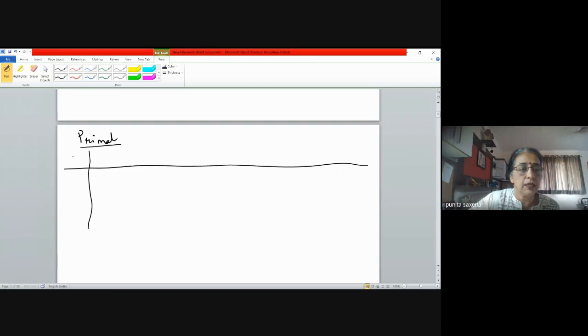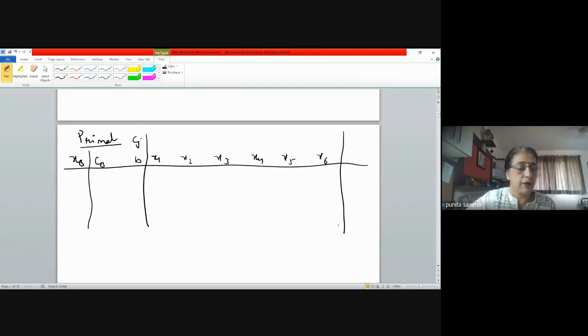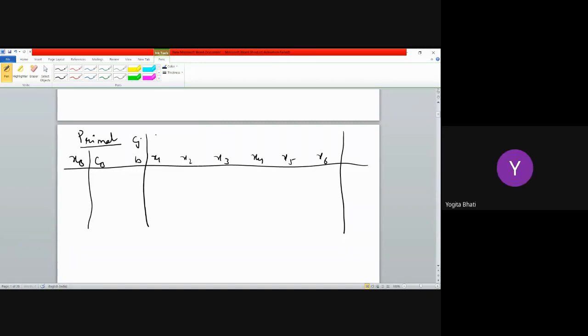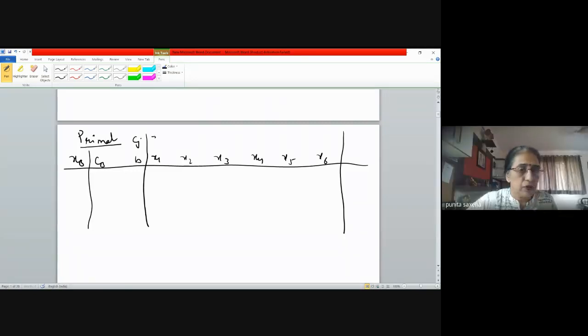Here we wrote basic variables, and these were our CJs, x1, x2, x3. There were 3 slack variables in the primal, right? Yes, ma'am. It was 3, 4, 1, 0, 0, 0.